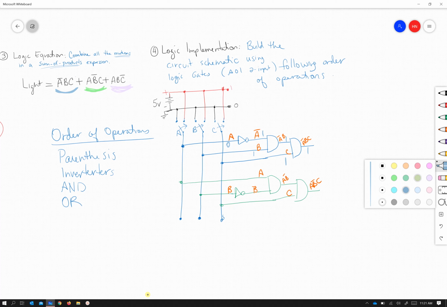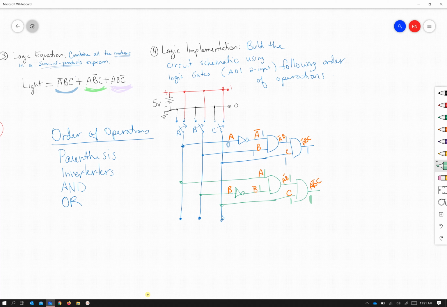Let's do the same exercise as we did with the blue circuit. And what is the only combination that's going to result in a 1 at the output? Well, in order to have a 1 at the output of the AND, these two circuit signals should be a 1. Further back on that AND gate, in order for the output of that AND gate to be a 1, both A and the opposite of B must be a 1.